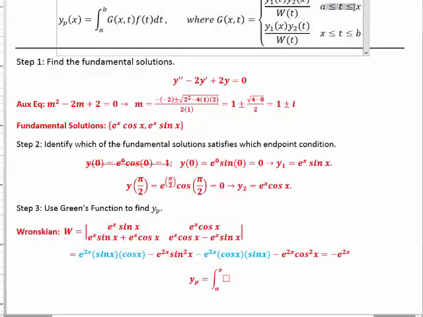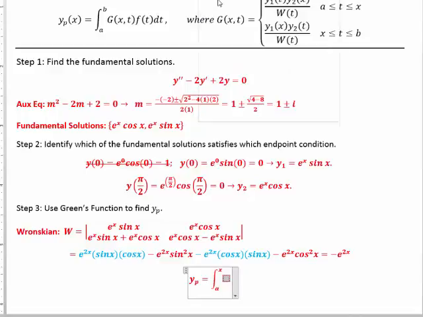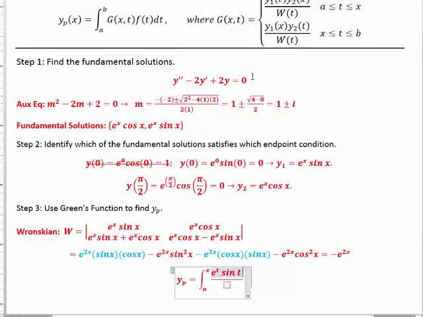That's your t values going from a to x. And then this is going to be a fraction that will include y1 of t. And y1, remember, is the one with the sine. So this is e to the t times sine of t. And then we have y2 of x, which is e to the x times cosine x.